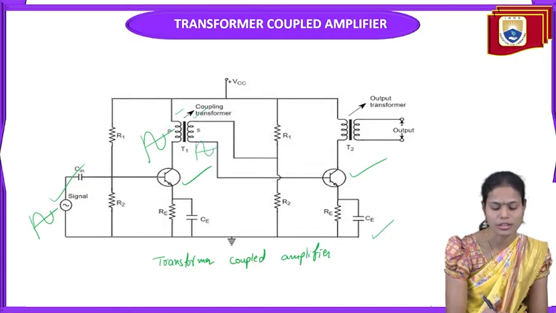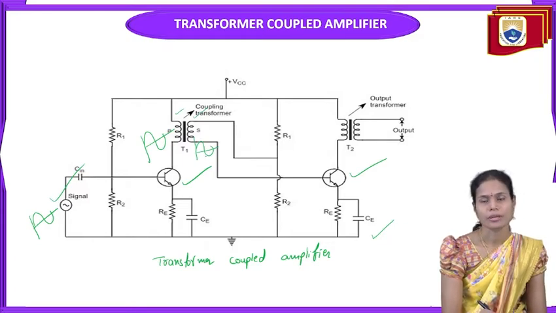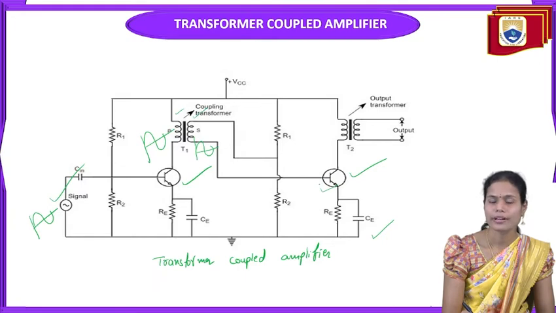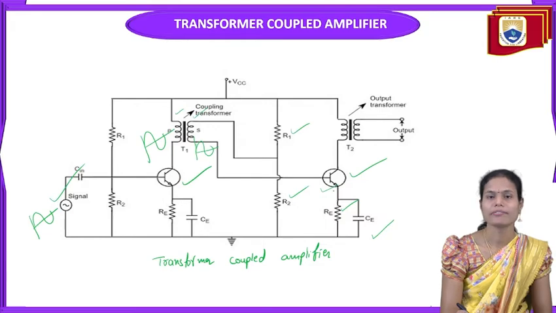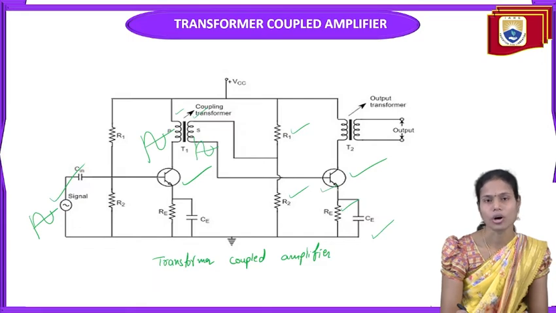From this secondary winding, it is connected to the base of the next stage. Again, to operate as a proper amplifier in the second stage, we need to provide proper biasing using R1, R2 and RE resistors, provide proper stabilization, and operate the transistor in the active region.